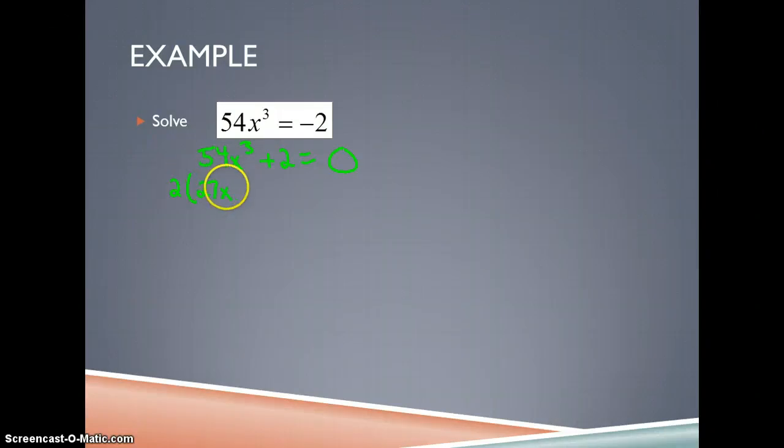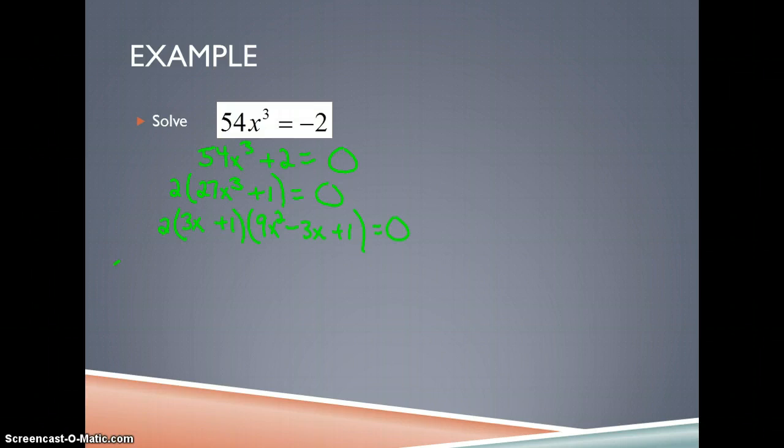I get 27x cubed plus 1 equals 0. Sum of cubes, I get 2 times the quantity 3x plus 1 times the quantity 9x squared minus 3x plus 1, all equal to 0.